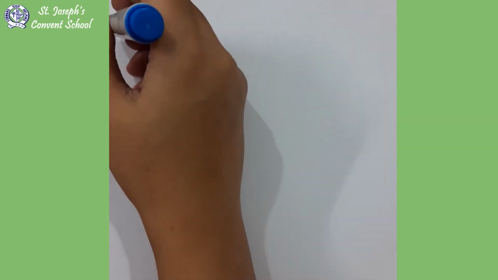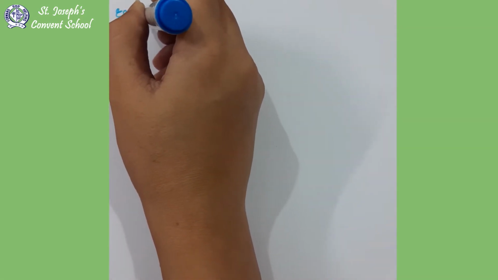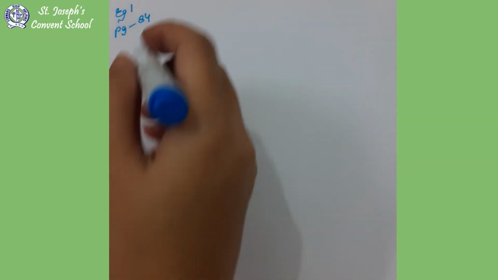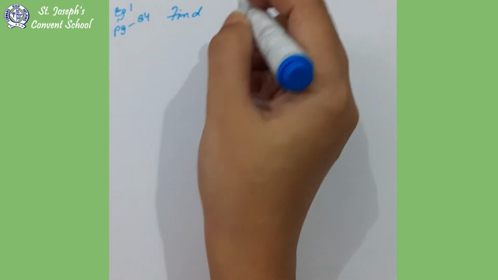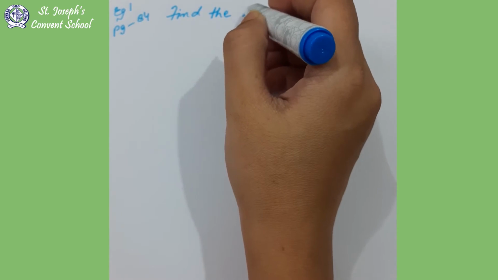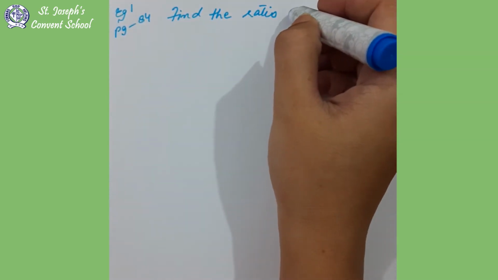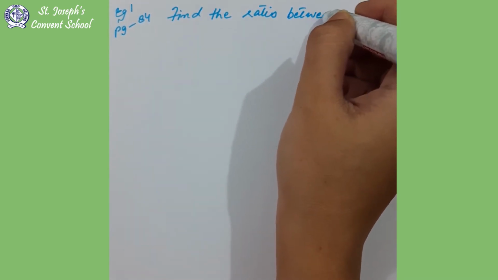Example 1. So you have to find the ratio between, the question is in your book. This question is from your book.